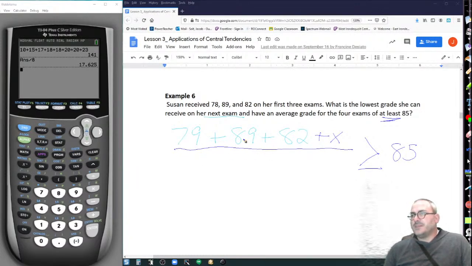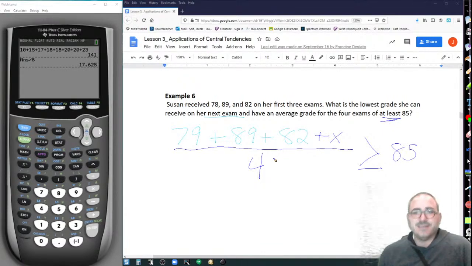I have to divide by 1, 2, 3, 4. I have four numbers in my data set, so I'm going to divide this by 4. So I would like these top four numbers, whatever x ends up being, when I take these four exams and I divide by 4, I would like their average to be greater than or equal to 85, right? That's what at least means.